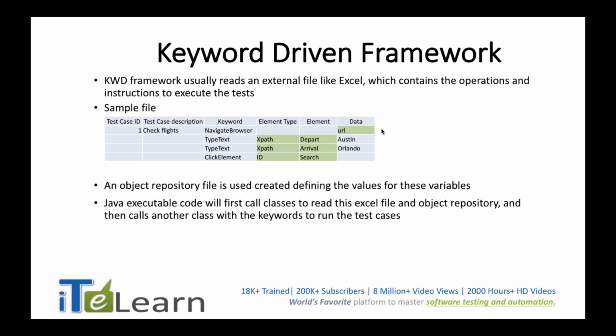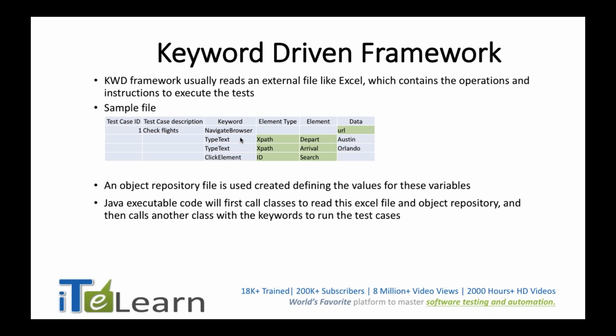A keyword driven framework can use an external file where you have all these operations and instructions on how to do it. We can read that particular Excel and perform the necessary actions. If you see a sample file here, this is how you would create your Excel. You have a test case where you navigate the browser and type text.